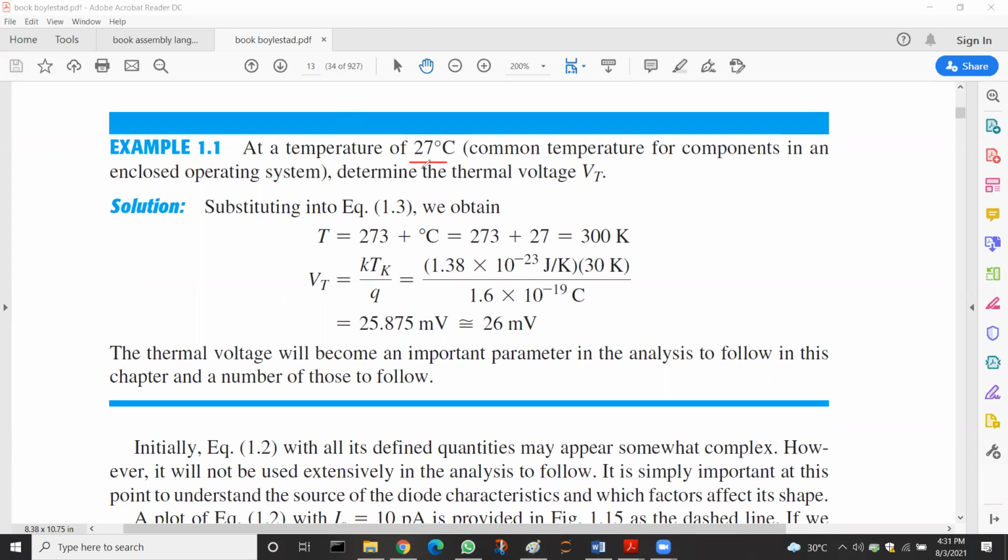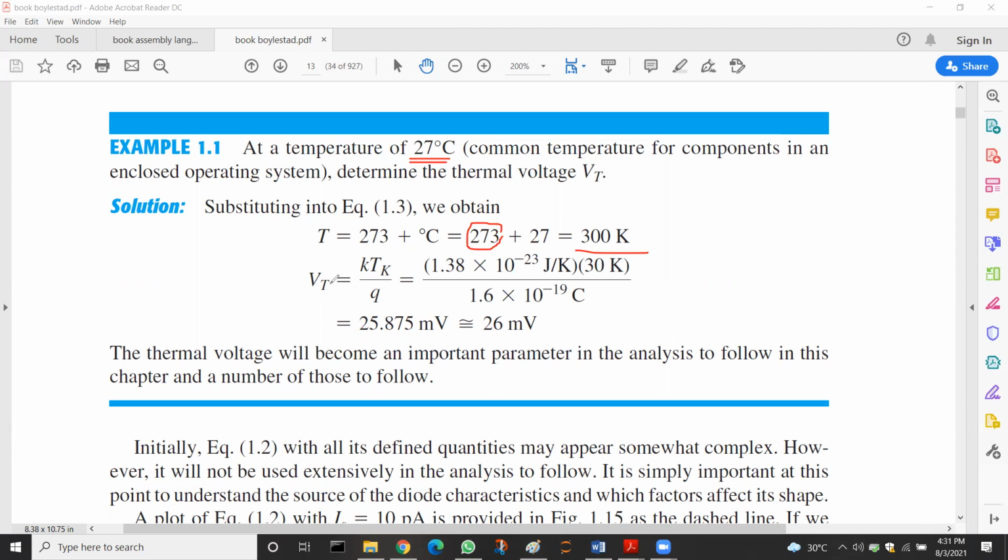Sometimes room temperature is taken as 25 degrees centigrade, but at this point it is mentioned as 27. After adding 273, it converts into Kelvin, which is 300 degrees Kelvin.